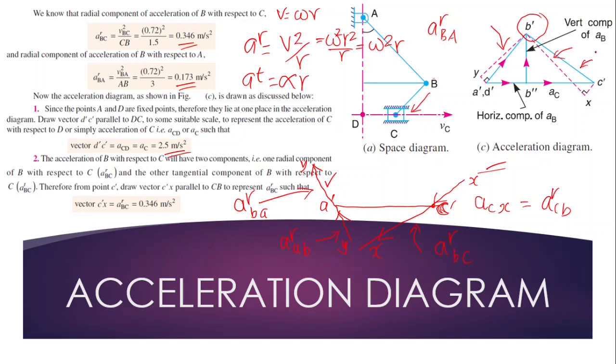Then this one will be the acceleration of B with respect to C, and this one will be the acceleration of B with respect to A. This is the procedure to find out the total acceleration of various links.